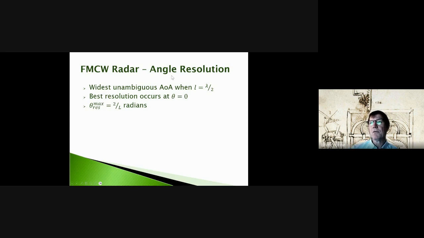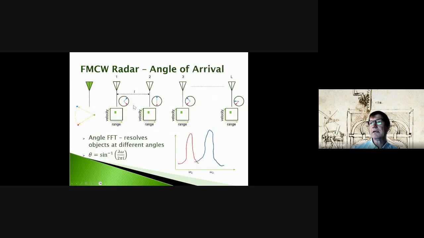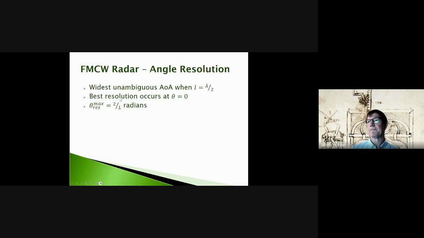Okay, so that now gives us range, velocity, and bearing or angle of arrival for multiple targets, right? And we've got some relationships that talk about resolutions for each of those, maximum ranges, and that type of thing.